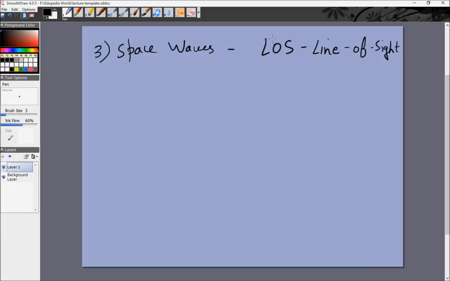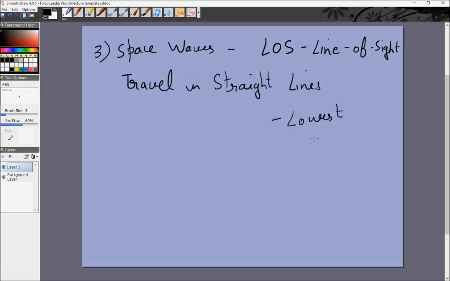So unlike what the name suggests, they don't go right up into space, they actually are waves which travel in straight lines. And since they travel in straight lines, they spend the minimum amount of time in the air, and so they have the lowest attenuation.